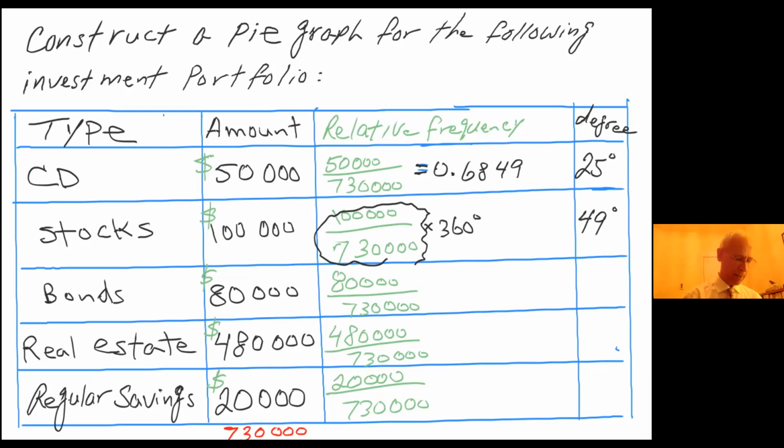Then 80,000 divided by 730,000, so roughly 0.14 times 360, it is giving me 39 degrees.